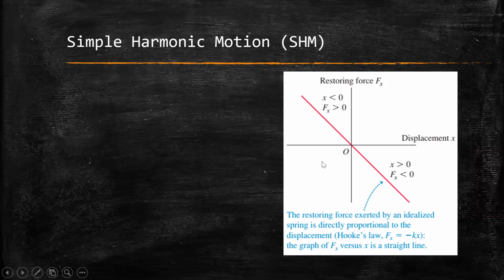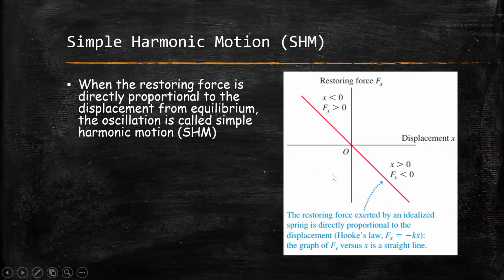The graph shows the relationship of Fx versus the displacement x as a straight line. When the restoring force is directly proportional to the displacement from equilibrium, the oscillation is called simple harmonic motion.